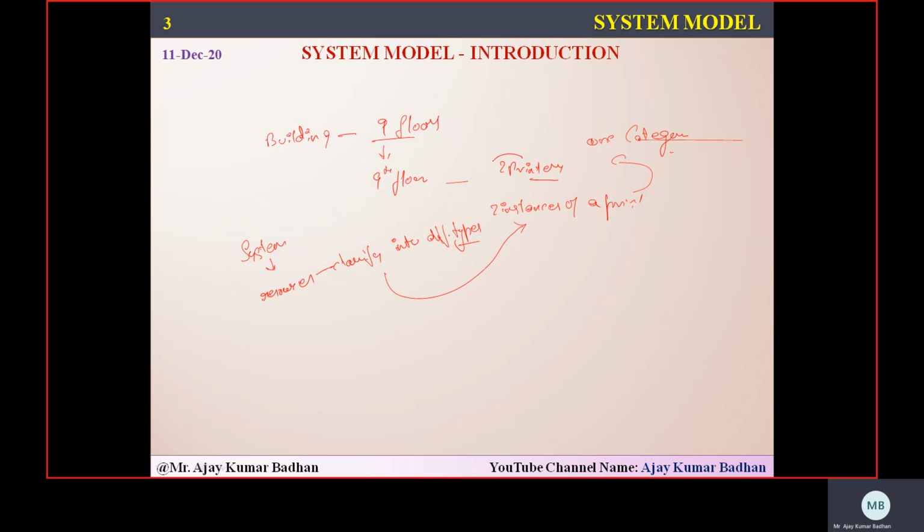Here we have 2 printers within the 9th floor, and we are saying that there are 2 instances of resource type printer.